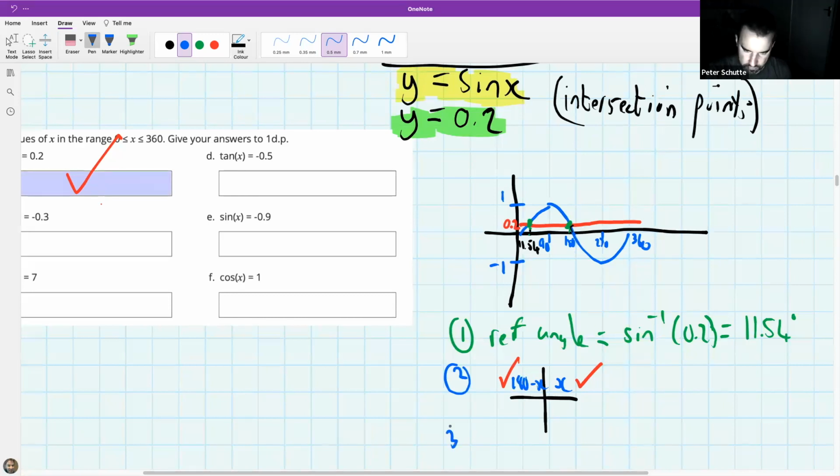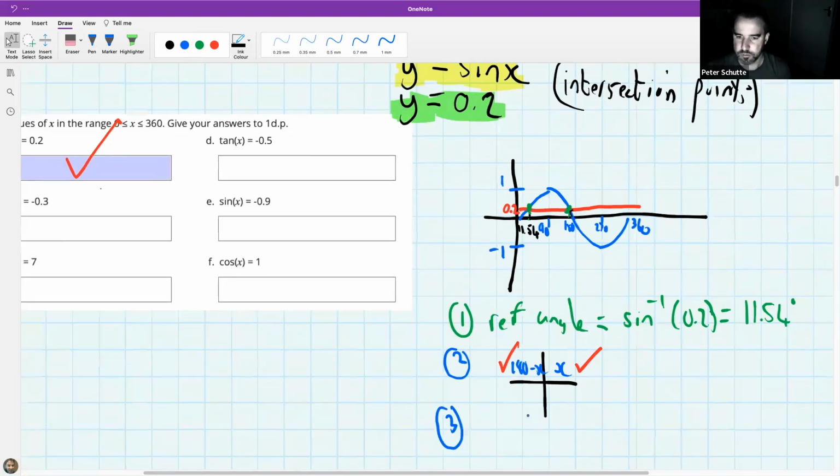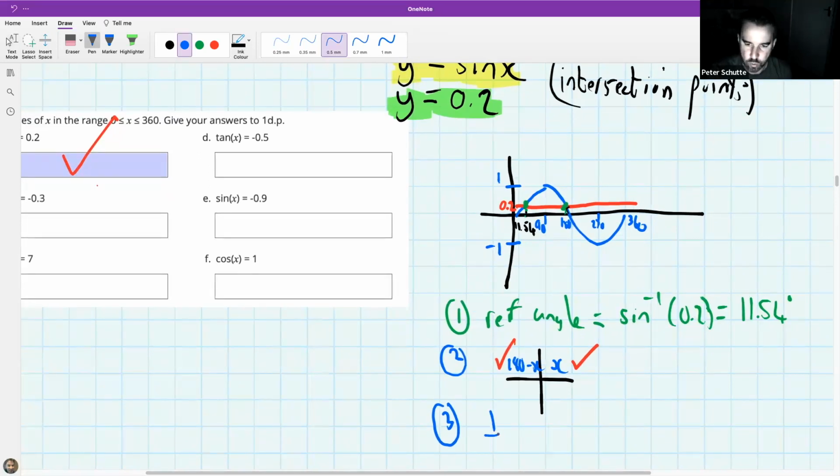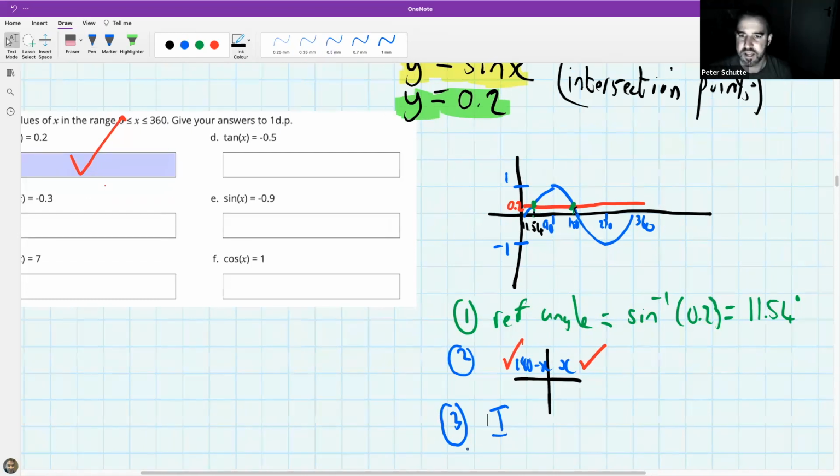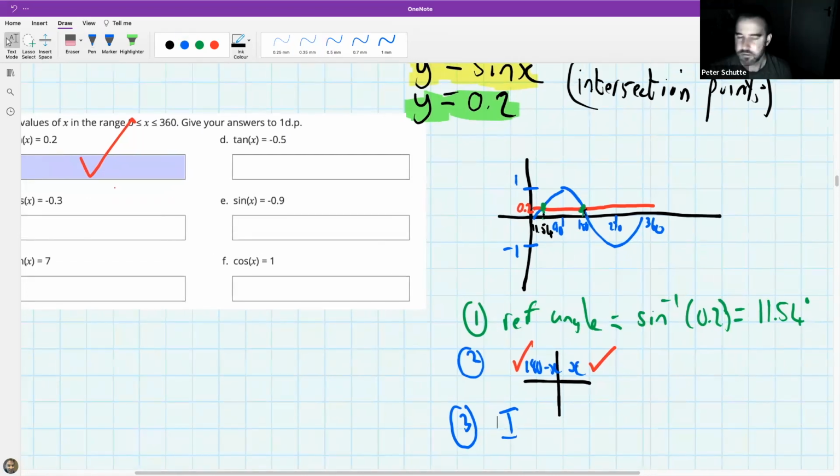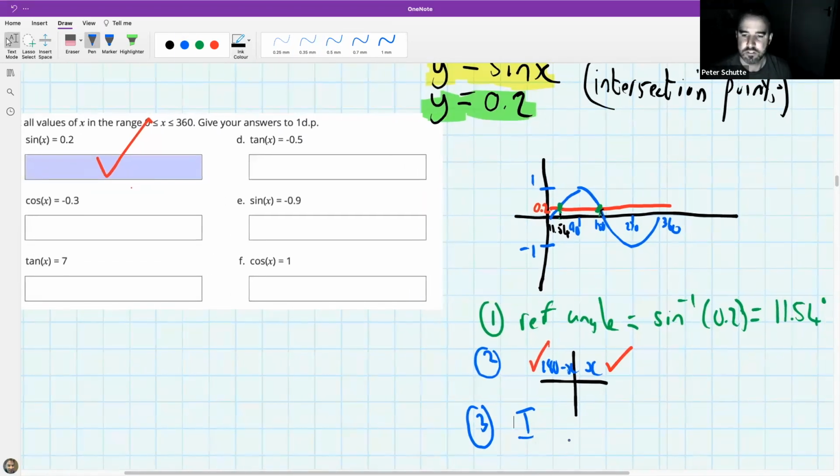So, how do I get the answer for this? Well, the very first answer is in quadrant 1, and it's going to be theta, not x. Sorry, I should have used theta there. Oh, no, it is x. Sorry, yeah. So I'm going to say x is equal to 11.54, but the solution in quadrant 2 is going to be 180 minus 11.54.